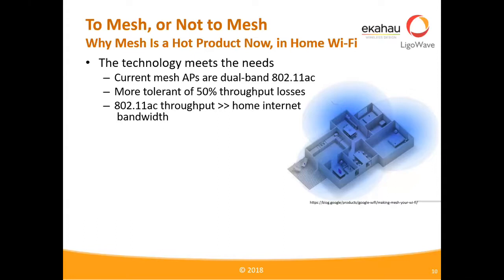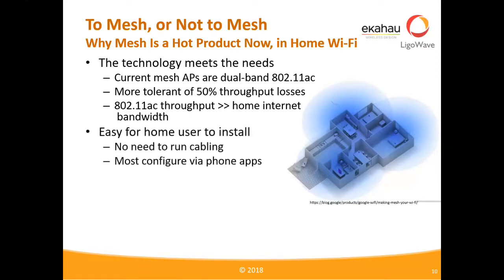And when you're deploying in a home, the 802.11ac throughput's usually much, much higher than the bandwidth that's actually coming into the house. So even if I have a 100 by 10 cable circuit coming into the house, with an 867 half duplex data rate, I've got some room to play. So if I'm losing 50% over a hop or two, I'm still generally okay. So we're generally more tolerant of those losses.